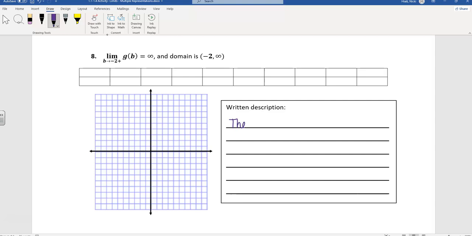I would say the domain of g of b is -2 to infinity, and the limit as b approaches -2 from the right is infinity.